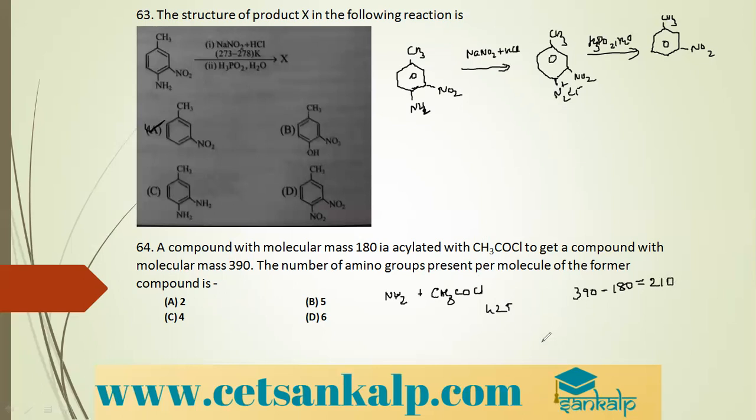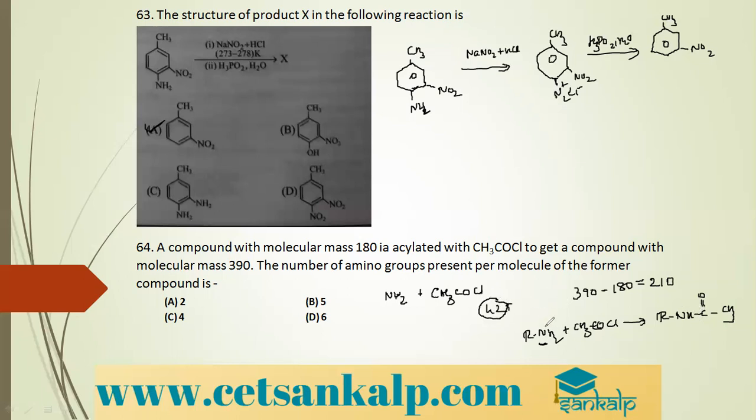So what happens here? If I take an amine plus CH3COCl, what do I get? R NH C double bond O CH3. So how many amino groups? Observe here. So the correct option is 42.